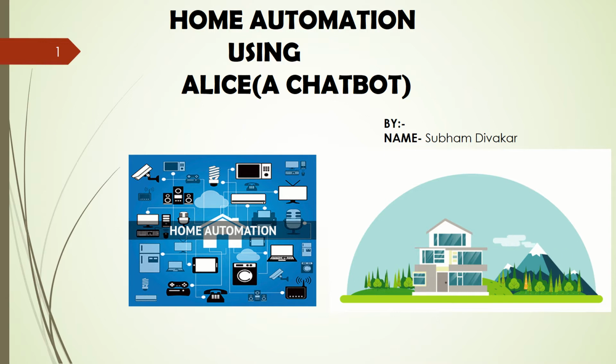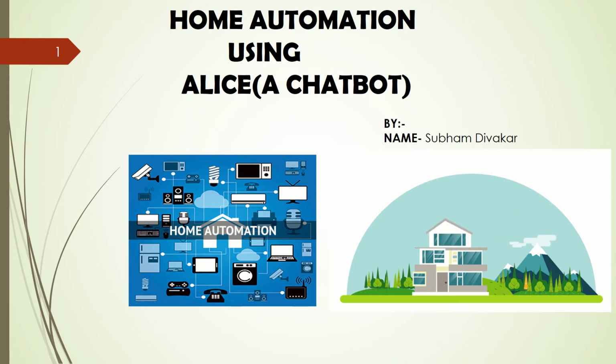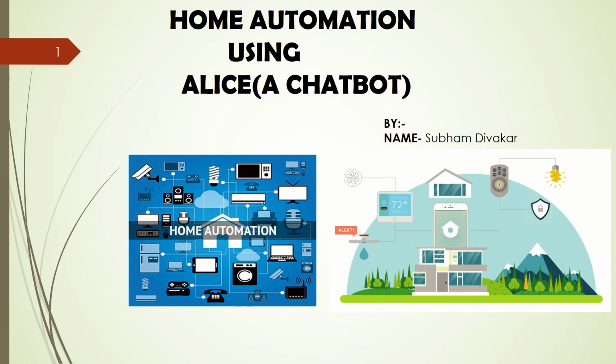What I have tried to implement is a simple home automation system connected through our smartphone, and this smartphone has Alice, the name of the chatbot, which is going to help you control all these things. Okay, so let's move ahead.